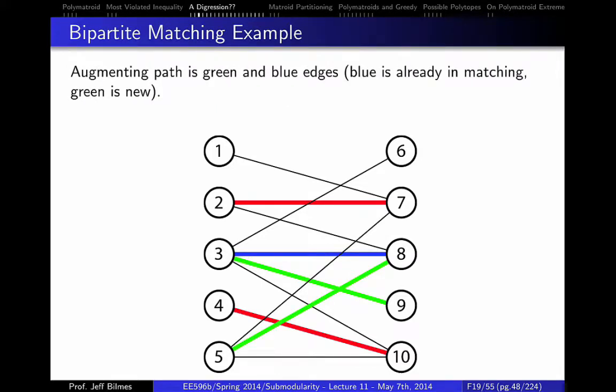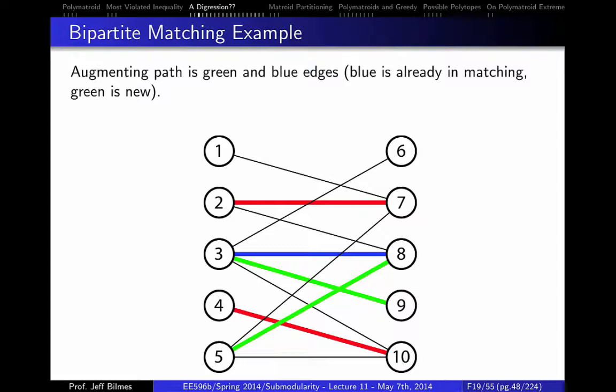Okay, but an augmenting path is the following. We're going to get used to this red, green, blue color coding, because we're going to use this in a number of contexts, including a much more complicated context than bipartite matching. So get used to the idea that red is the existing matching, and then blue-green corresponds to an augmenting path, which we will generalize to something called an augmenting sequence, where blue is in the current matching and green is not in the current matching.